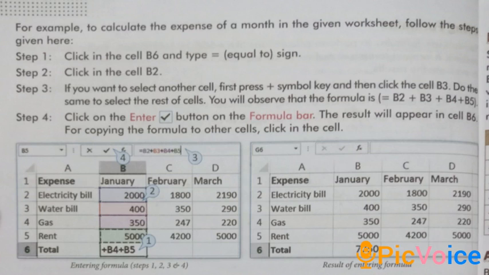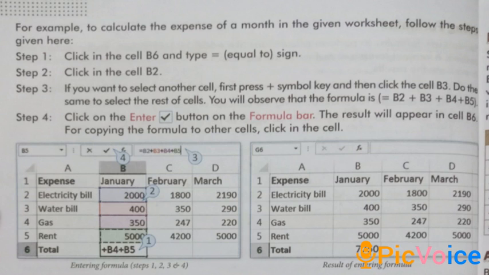Then step 3 is to press the enter key in the formula bar or in the cell. Then we can see the total marks in the cell.